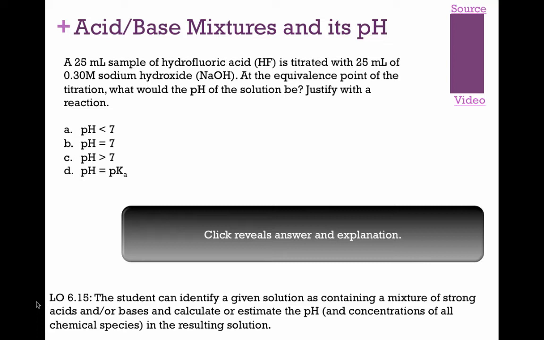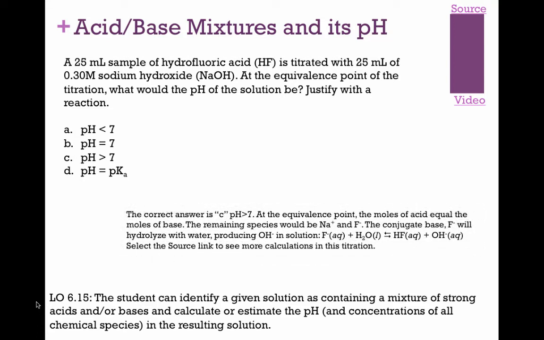It makes OH minus in solution. Right, so your answer is going to be C, and the reaction that you would use would be this. F minus is a conjugate base. So when it's in the water, it's actually going to hydrolyze and make OH minus. That's why it acts as a base in solution.